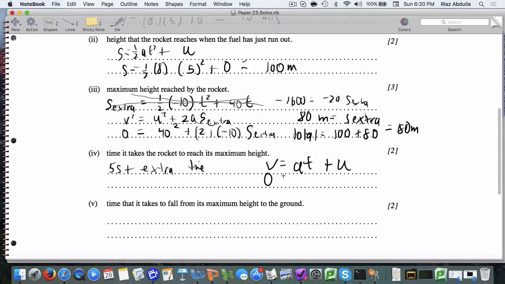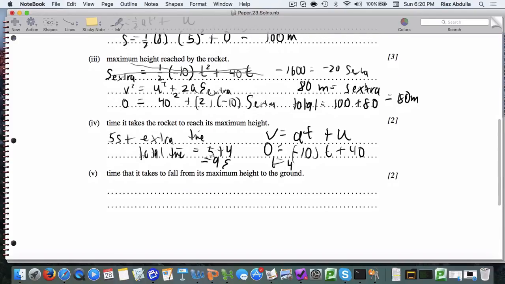So we reach a speed of 0 at the very top, and we temporarily stop before falling to the ground. And negative 10 is the acceleration, because that's gravity, times the unknown time, plus the 40 that we start with. So t is going to be 4 seconds. So the total time is going to be 5 plus 4, which is 9 seconds.